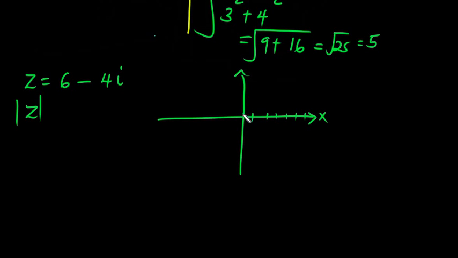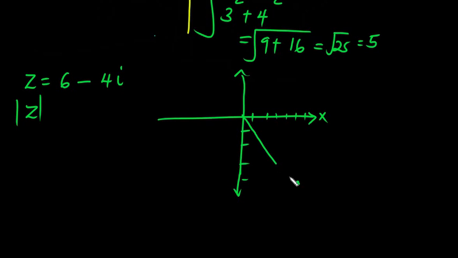So we are not going to move upwards like we did for the other one. We're going to move downwards 4 units, the negative axis. So 1, 2, 3, 4. So our complex number is going to be mapped somewhere here.